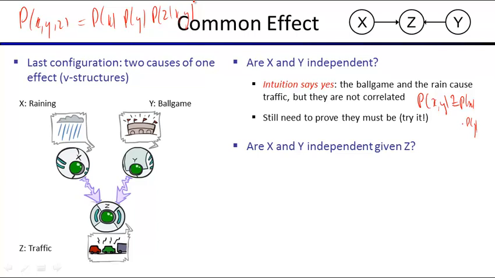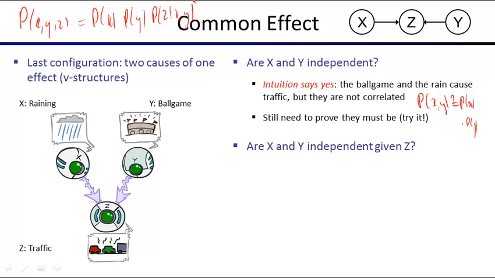At that point, your reasoning would be, oh, wait, I thought the probability of rain was very high because I knew there was a lot of traffic, but now somebody's telling me there's a ball game. It's actually possible that the ball game is the thing that's causing all the traffic. And so now I'm not so much thinking anymore that it's very likely that it's raining, because it's probably the ball game that's causing the traffic.